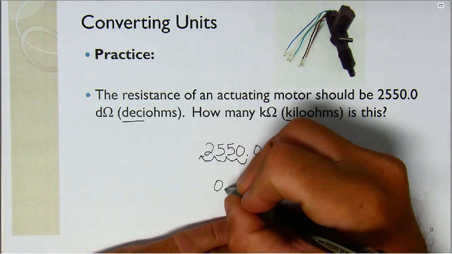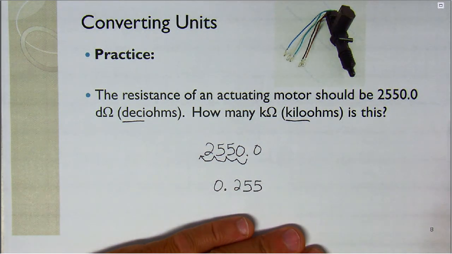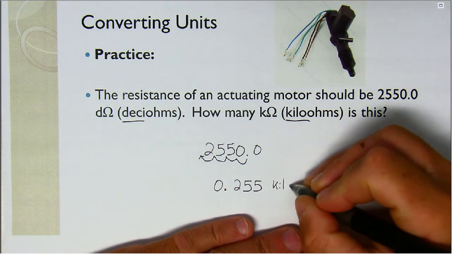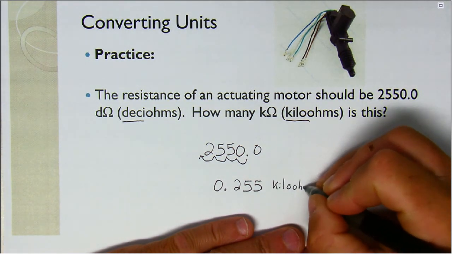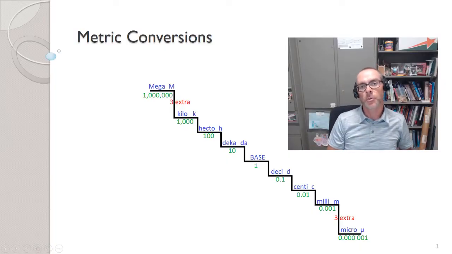And this becomes 0.255. And you could leave the 0 on there, it doesn't really matter. But 0.255, and those are now kilohms. And we're done. Okay, that takes care of this short topic.